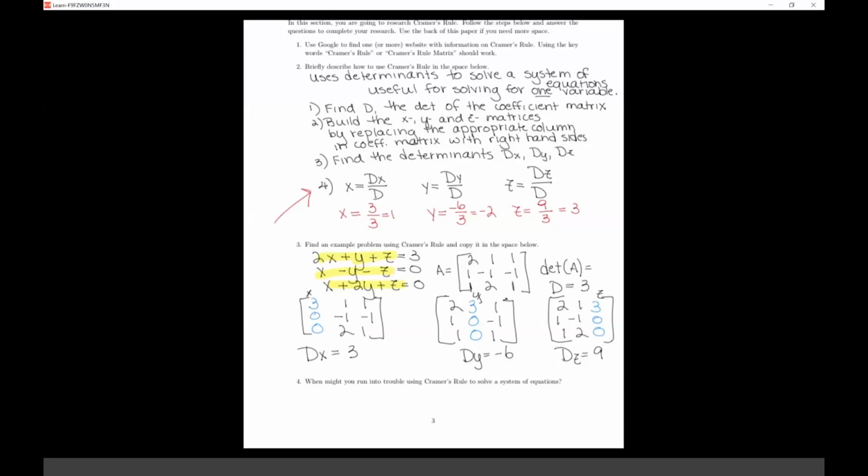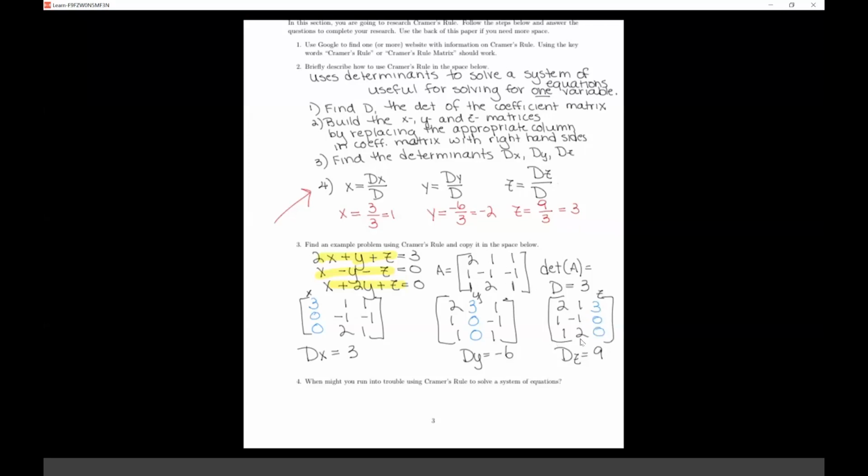Okay, so this is kind of how you use it to get your individual variables. Now you can imagine, say this A matrix changed a bit, maybe one of your coefficients changed, and you wanted to just recompute Z. What would you have to do? Well, you'd have to recompute the determinant of A, because A would have changed, and you'd have to recompute the Z matrix, unless the last column is where it changed.